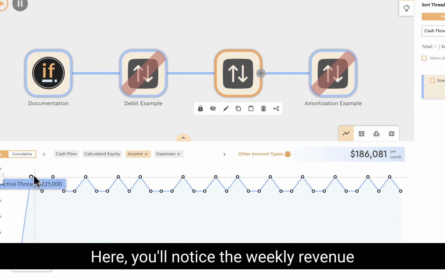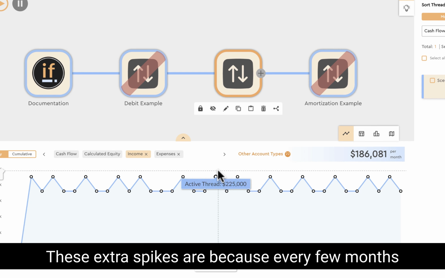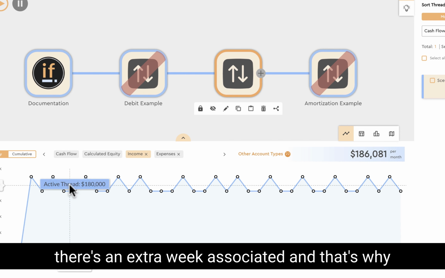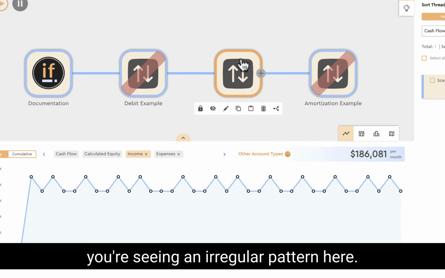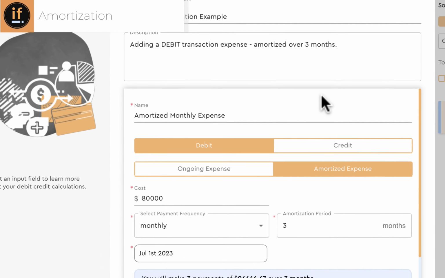Here you'll notice the weekly revenue coming in month over month. These extra spikes are because every few months there's an extra week associated, and that is why you're seeing an irregular pattern here.